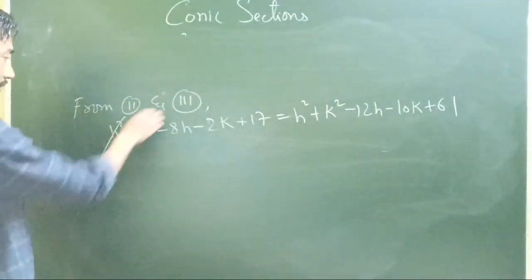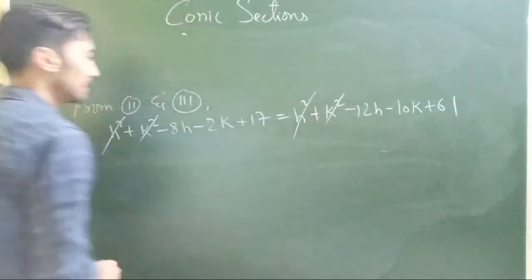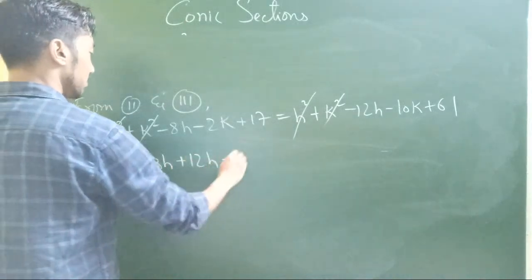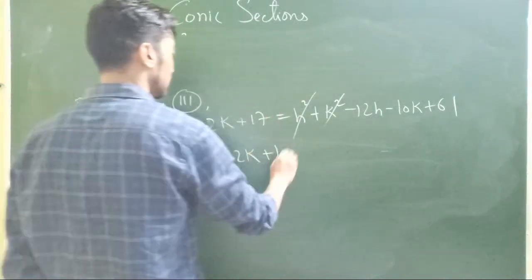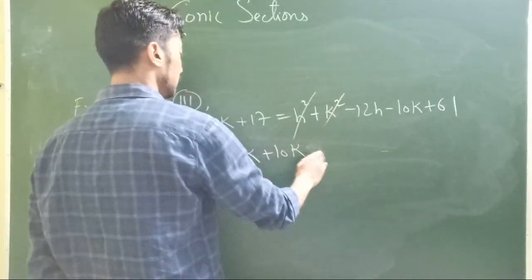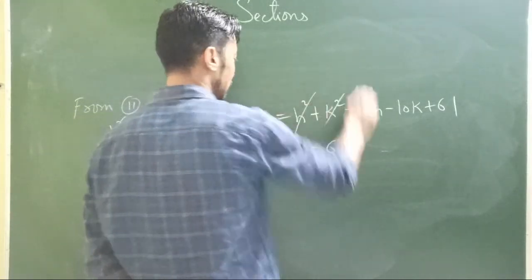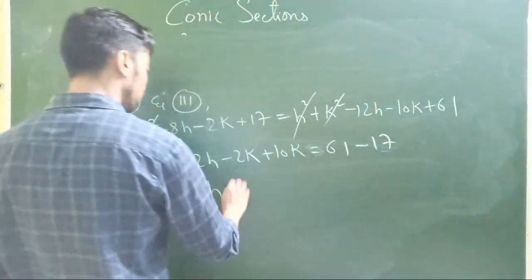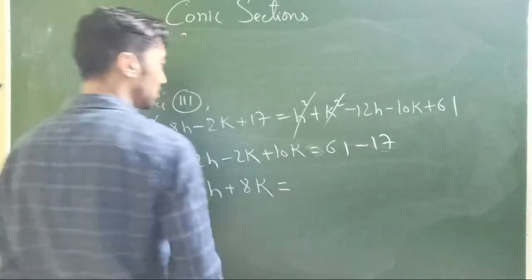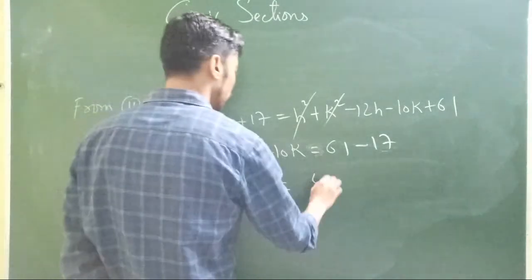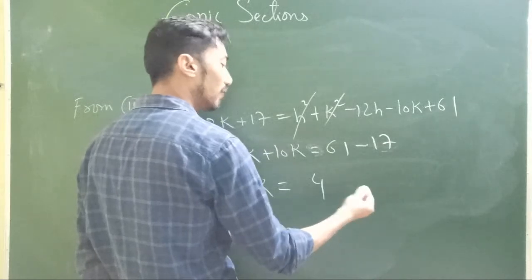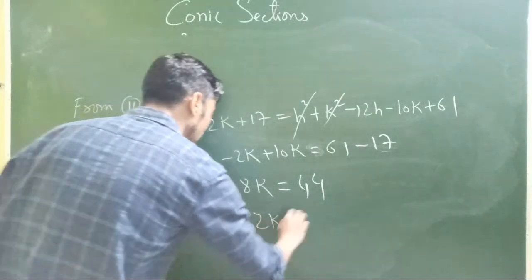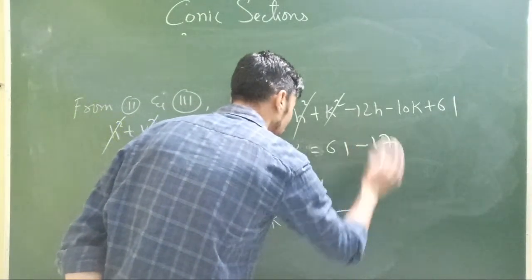Now h square, k square, minus 8h, you bring that 12, plus 12h, minus 2k plus 10k. Okay, 61, I'll just send that minus 17. So that's 4h plus 8k is equal to 44. So taking 4 common, you'll have h plus 2k is equal to 11. That's going to be equation 4.